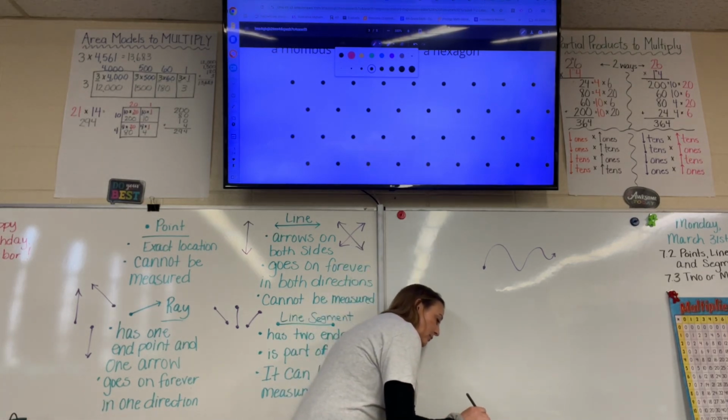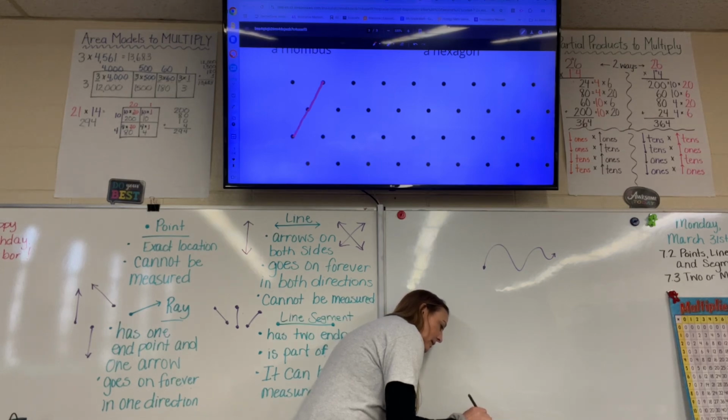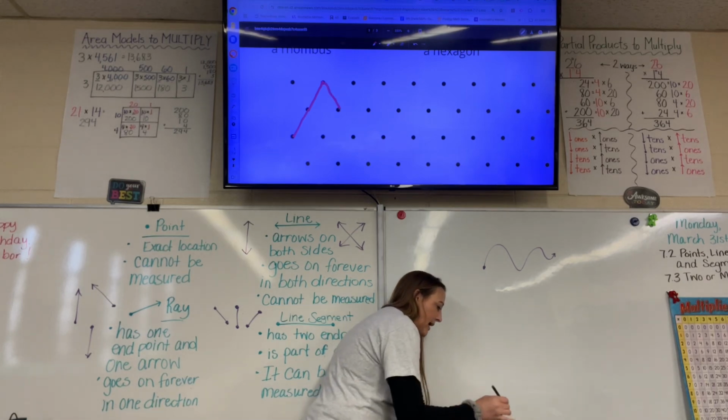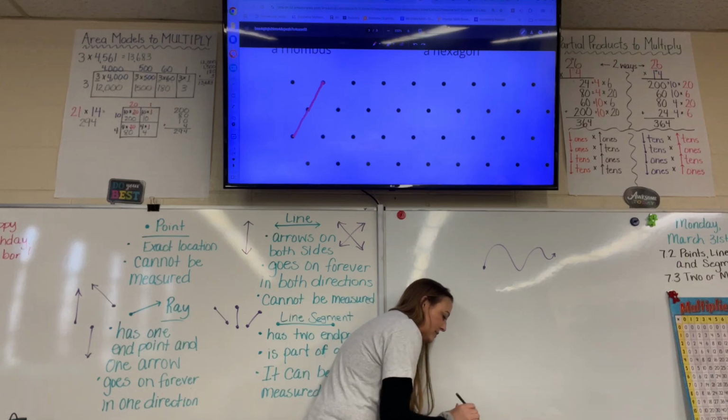We're going to start with a triangle. Yours doesn't have to be in the exact same place as mine, but they are having us do several shapes.